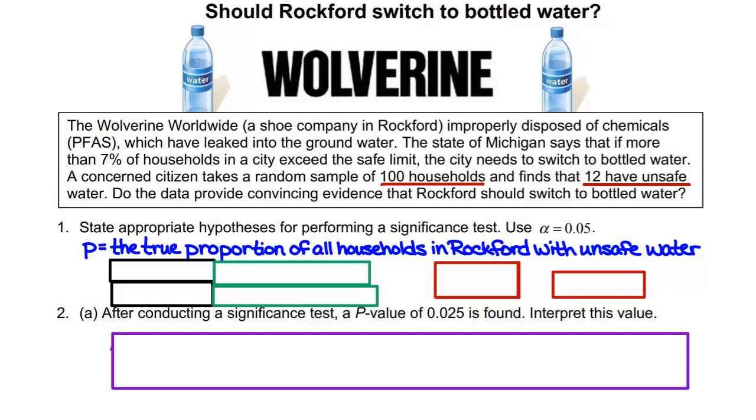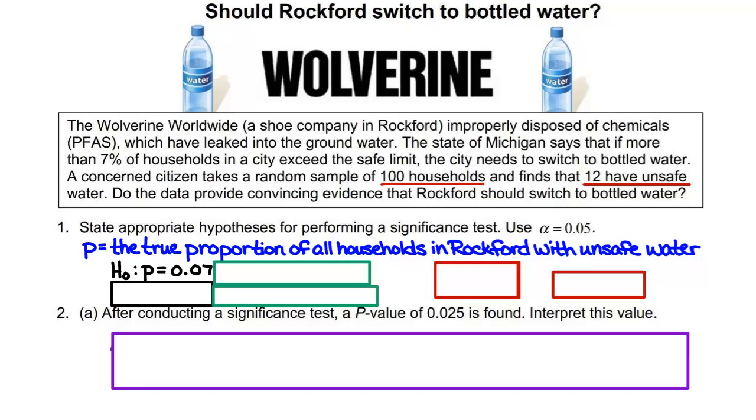So now let's state our hypotheses. The null hypothesis for proportions will always be P equals something. What should P be equal to? 0.07. So null hypothesis, the H0, is P equals 0.07.